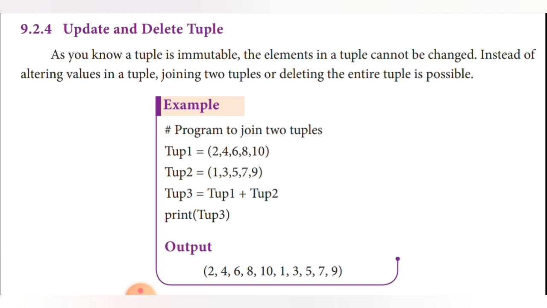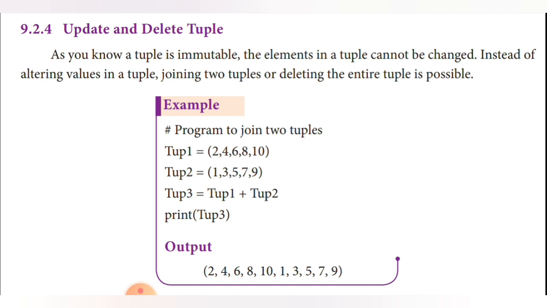To see the output we use the print statement, which is used to display content on the monitor. So print of tup3 shows that these two tuples are joined together and form a single tuple.